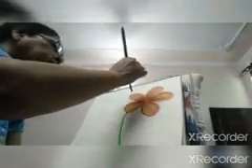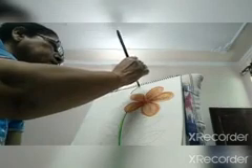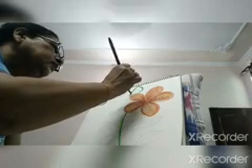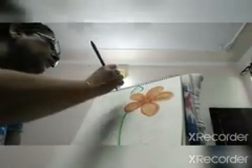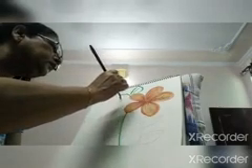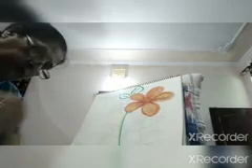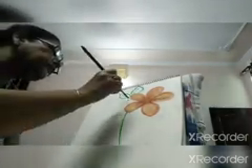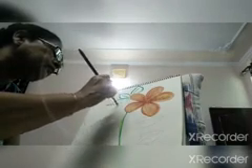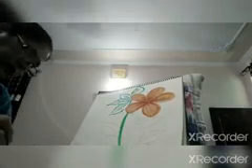We will make outlining of the leaves. First of all, we will make outlining of everything. We will fill the color in the leaves.